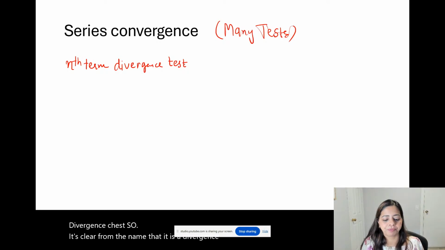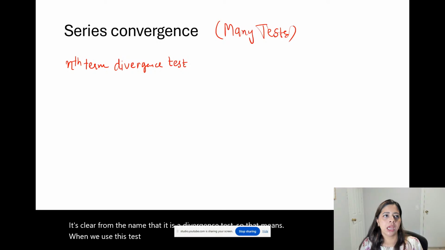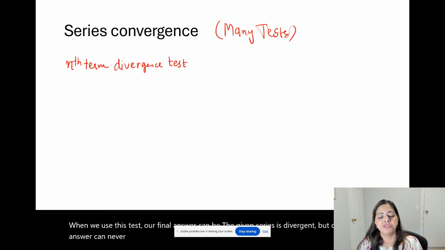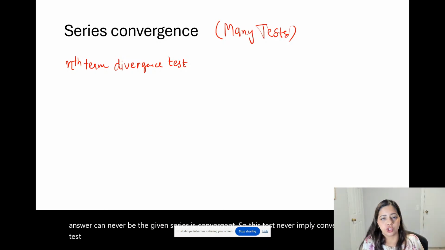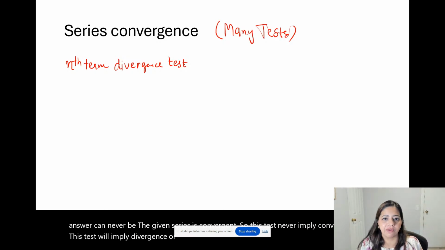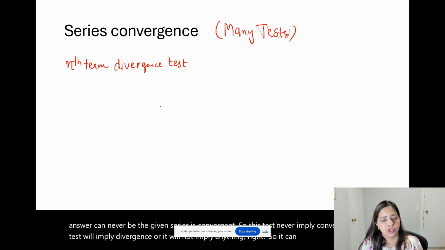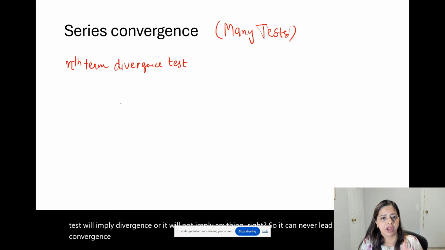So that means when we use this test, our final answer can be the given series is divergent, but our final answer can never be the given series is convergent. So this test never implies convergence. This test will imply divergence, or it will not imply anything, right? So it can never lead to convergence. So that's why it's known as the nth term divergence test.